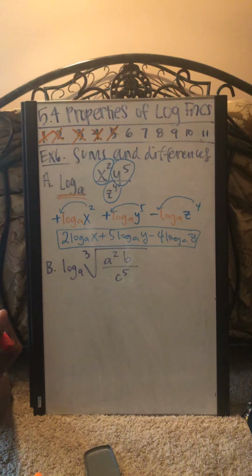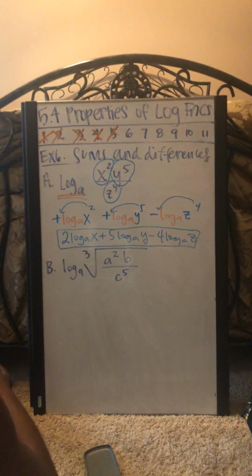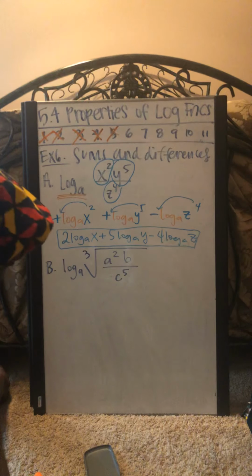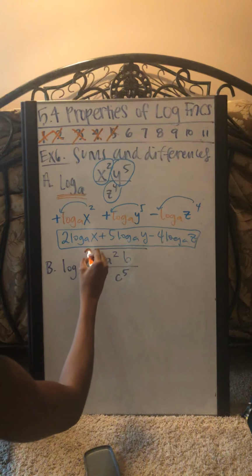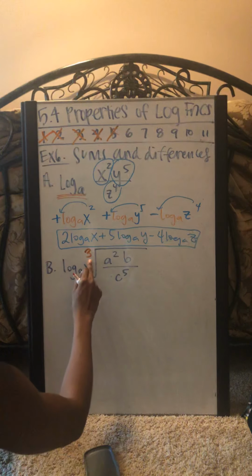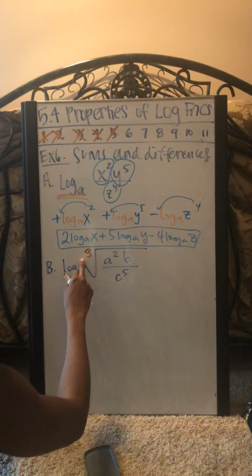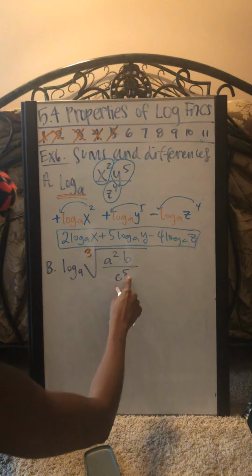Alrighty, now let's look at b. For b, we do have something different here. We have this 1/3. There's a few ways to go about this. This 3 is the poor, right? So we need to figure out what the rich is, except the rich looks like it could be 2, 1, and 5.